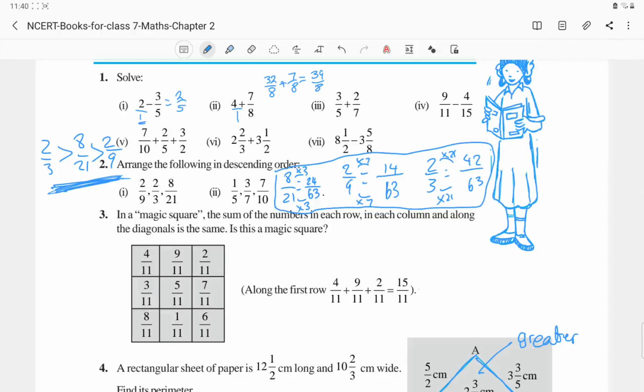So this 39 by 8 is of course bigger. The numerator is bigger than the denominator. So whenever that happens, I try and make it into a mixed fraction. Let's make it into a mixed fraction then. 39 by 8.